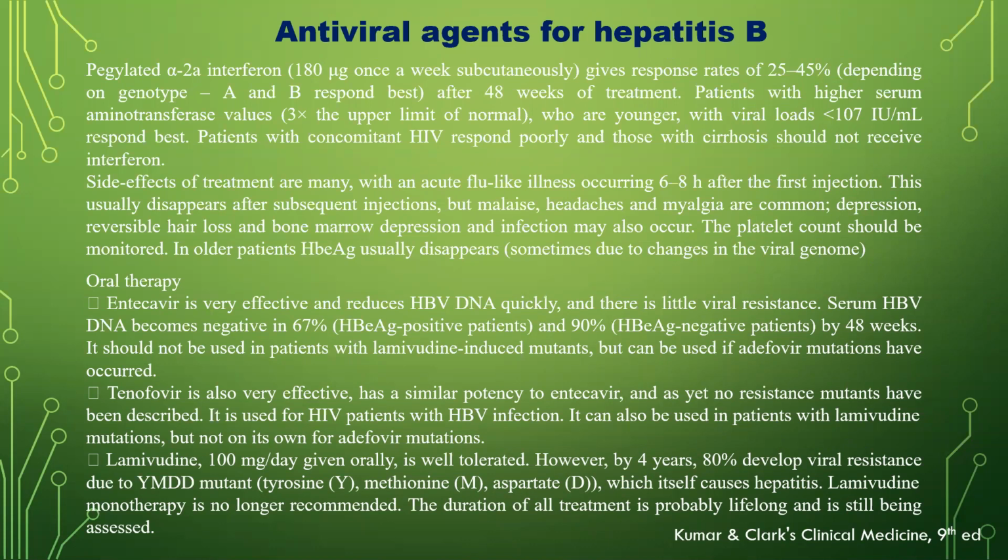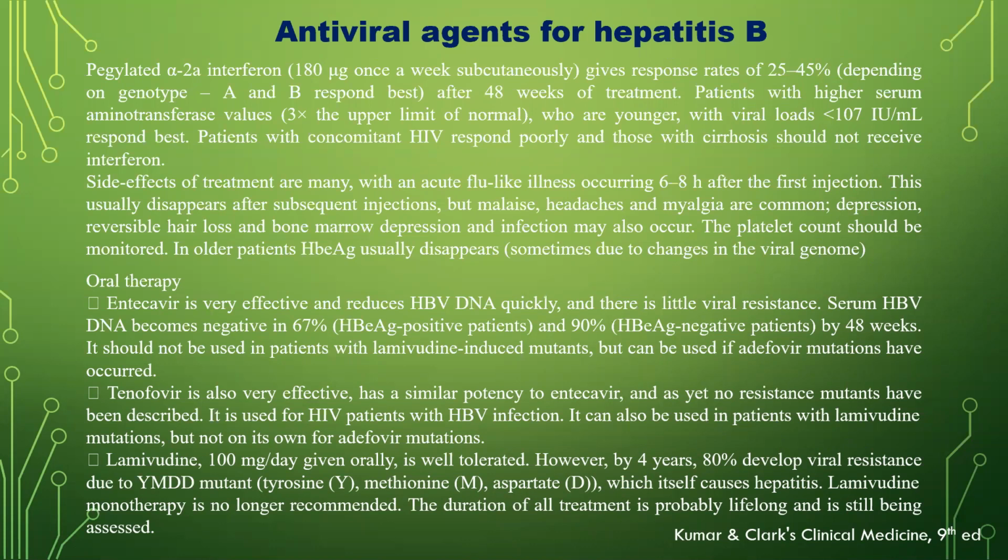Serum DNA levels become negative in more than 60% of patients, and 90% of patients become negative for core antigen by 48 weeks. It should not be used in patients with lamivudine-induced mutations, but it can be used if tenofovir mutation has occurred.